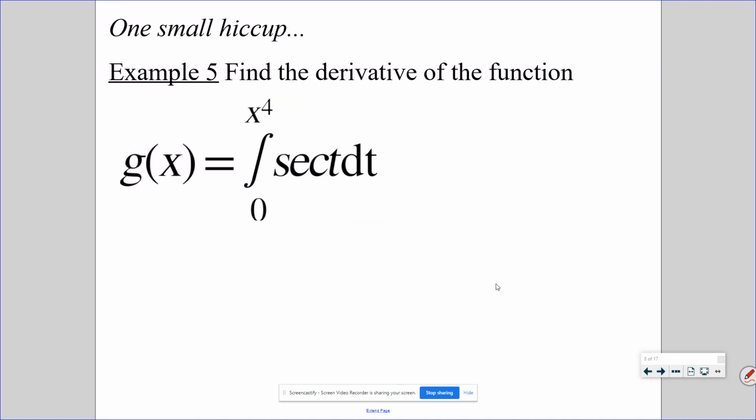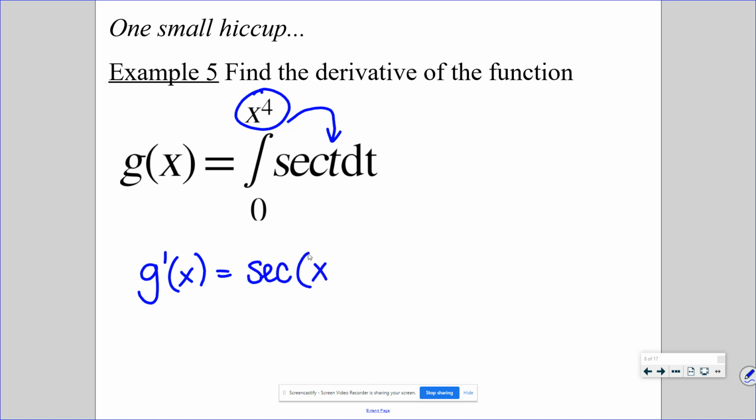Now, it can be a little bit trickier than that if the thing that you are plugging in, like this guy up here. So let's say you have g prime of x and you're plugging in an x to the fourth. One tiny thing that can make things a little tricky is if that thing you're plugging in is a baby, has a derivative other than 1, I should say.